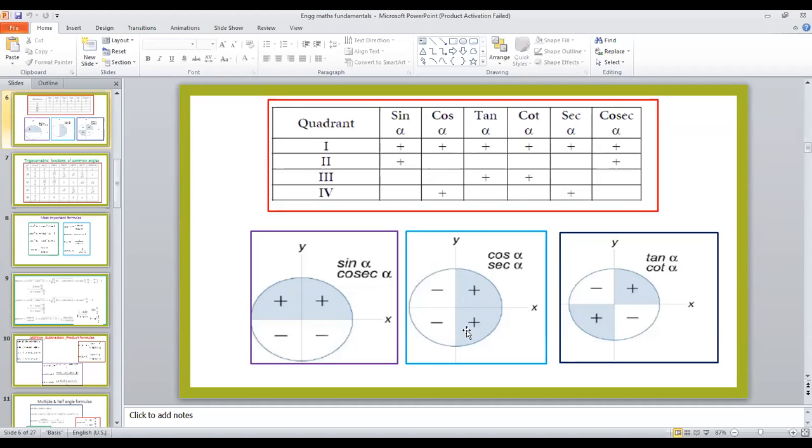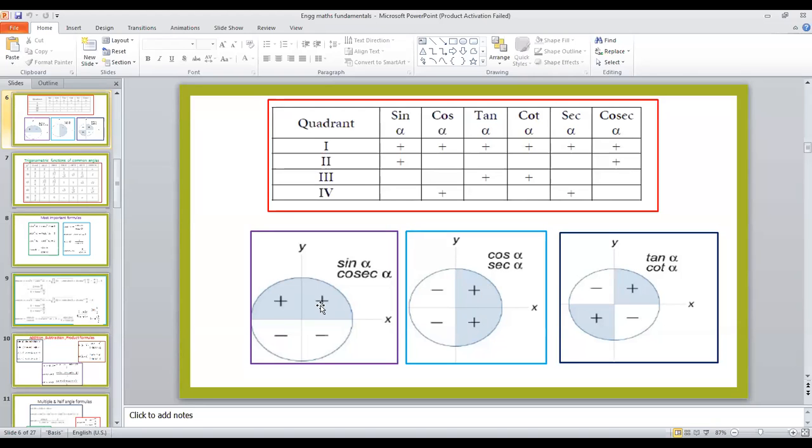Add sugar to coffee. कॉफी म्हटल्यानंतर त्याच्यातलं C घ्या. C means cos. So cos is positive in the last quadrant. What is the relation of cos with sec? 1 by cos is sec. So sec and cos, these two are positive in the right half of the circle.